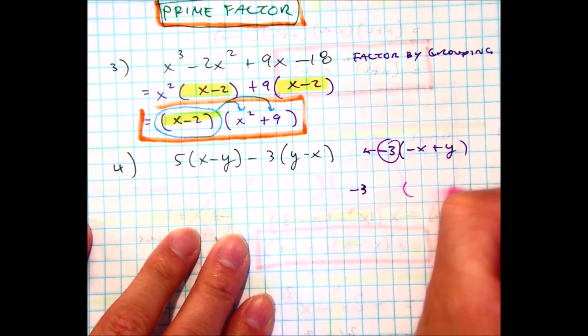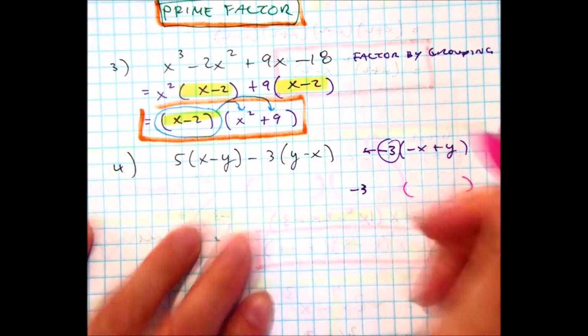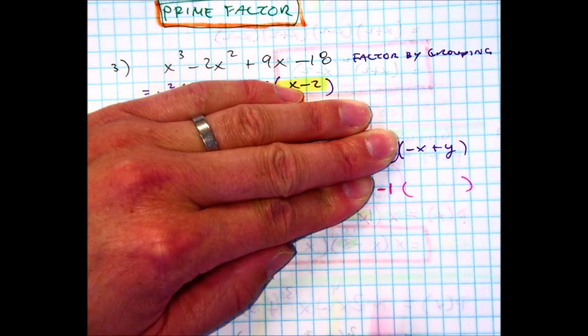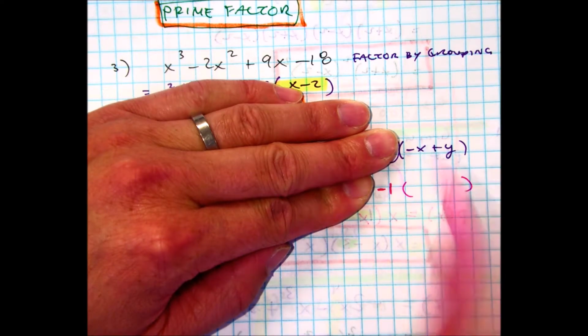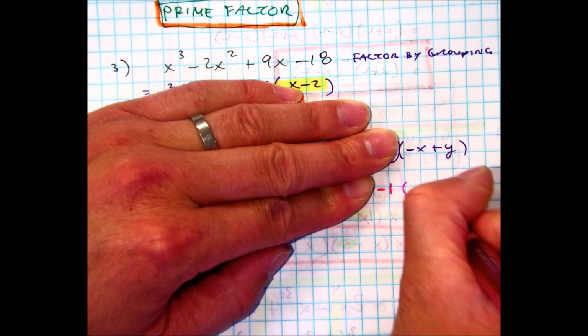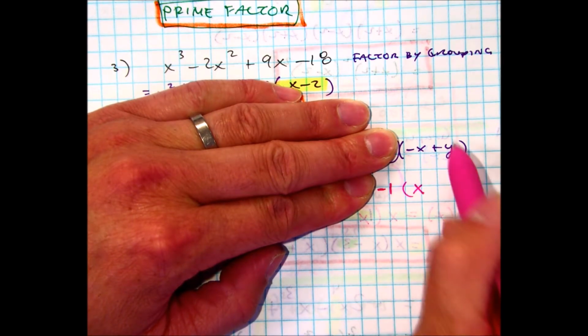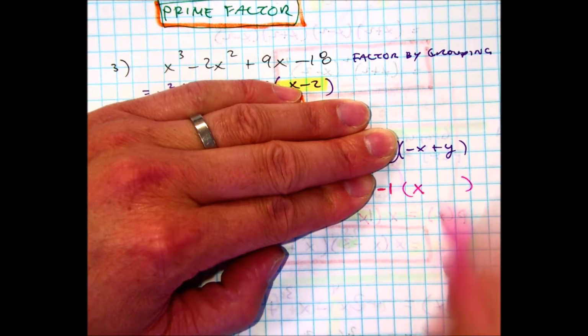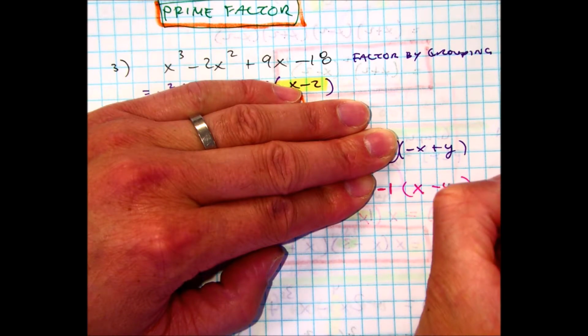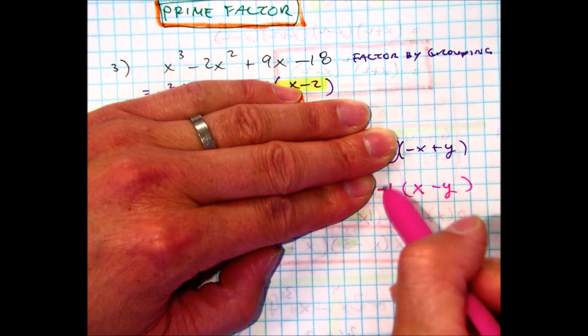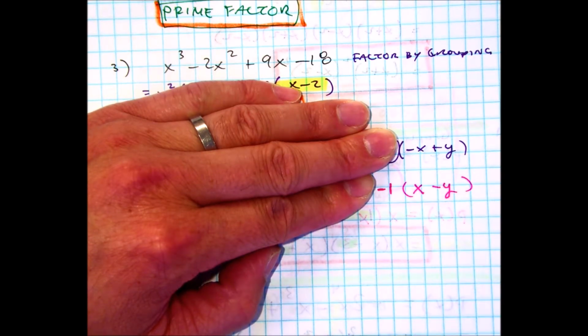And in the parentheses, I'm going to factor out a negative 1. So ignore the negative 3. Negative 1 times something equals negative x. That'll be x. Negative 1 times something equals a positive y. What is that, class? Negative y. So I factor out a negative 1, and you can always distribute to check your answer.